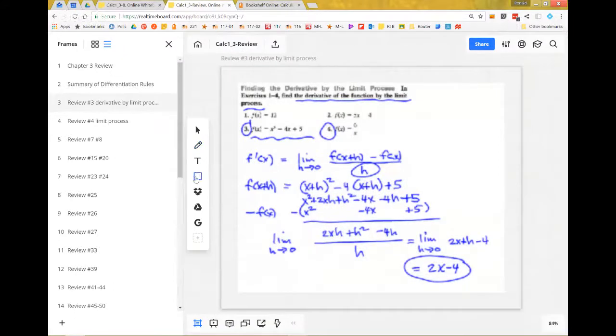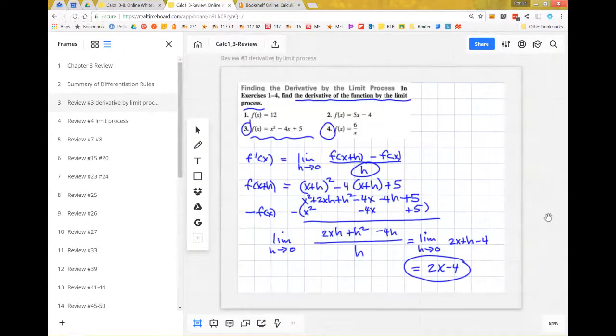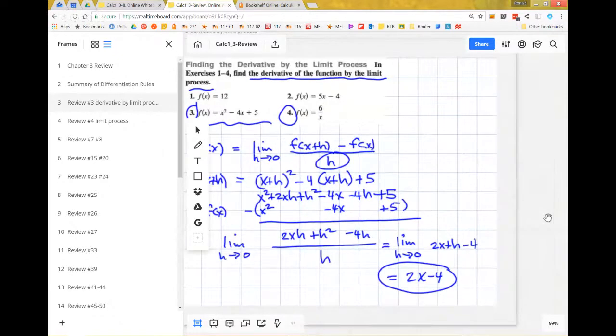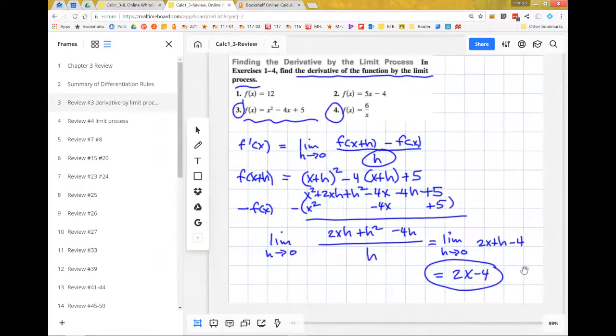So if you look at the review, the first 4 questions ask you to find a derivative of the function using the limit process. So that's where you have to know your difference quotient. That's this thing right here.